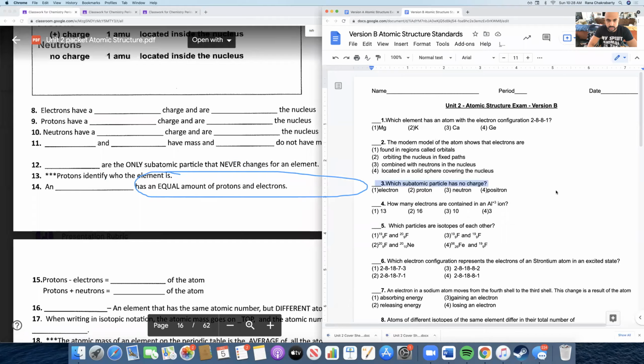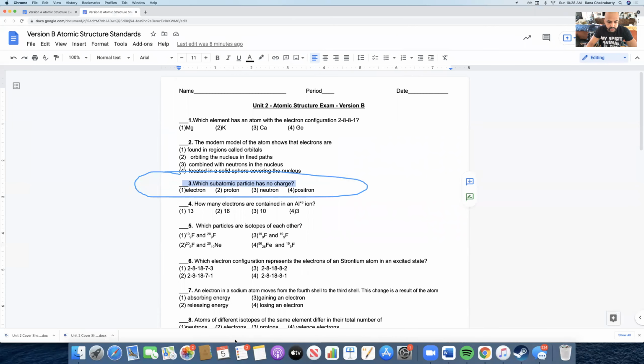Okay, next one. How many electrons are in an aluminum positive 3 ion? Okay, what does that mean? So first find it as an atom. When you see the word atom, your brain should know and hear that protons equals electrons every time.